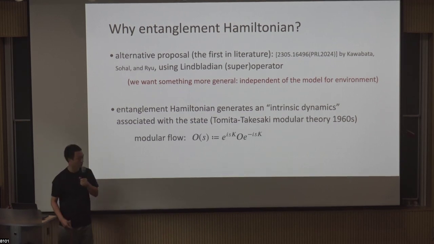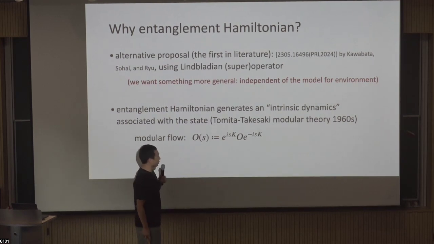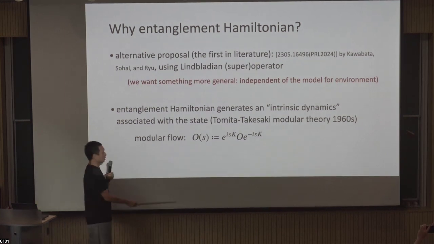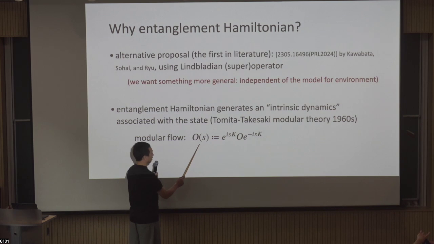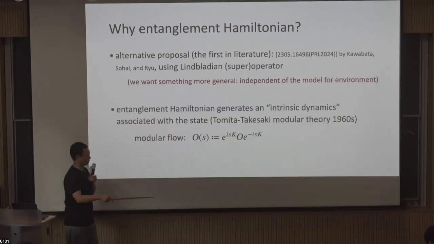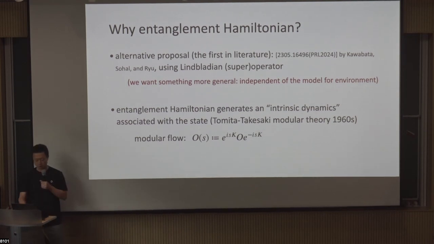The idea there was they find a way to generate an operator automorphism, which sends any operator to another operator by some kind of evolution. But this evolution is generated by the entanglement Hamiltonian of the local patch, for instance. You can also define this even when there's no density matrix description, like in more general von Neumann algebras.